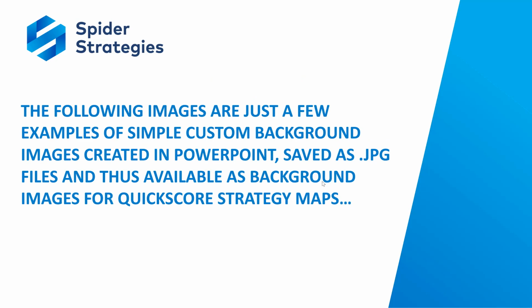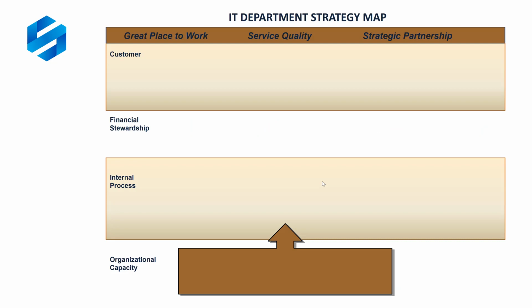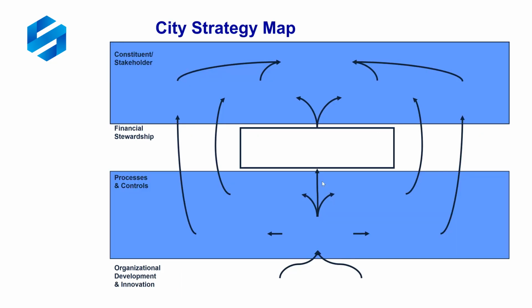The following slides portray some images that are just a few examples of simple custom background images created in PowerPoint, then saved as JPEG files, and thus available as background images for QuickScore strategy maps. The first was a strategy map background used by an energy consultant. The next image is a background map employed by an IT department.